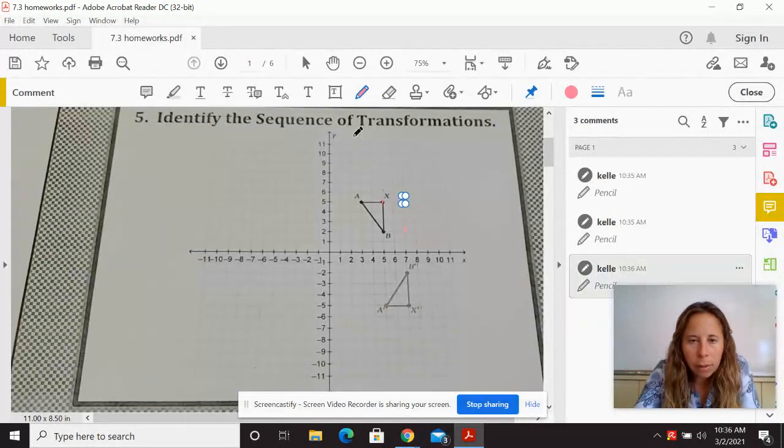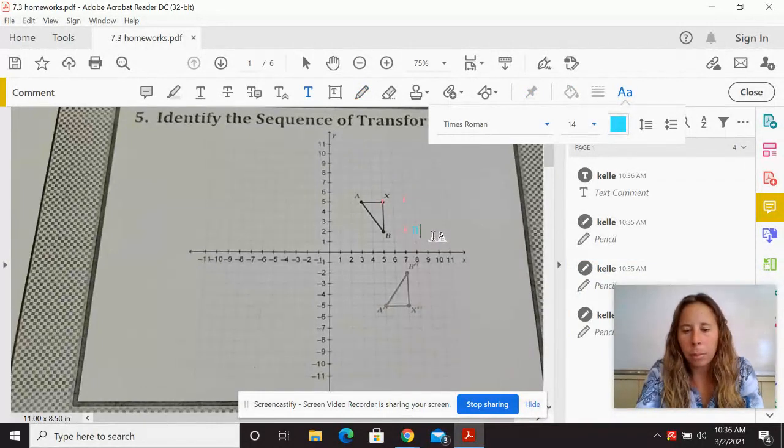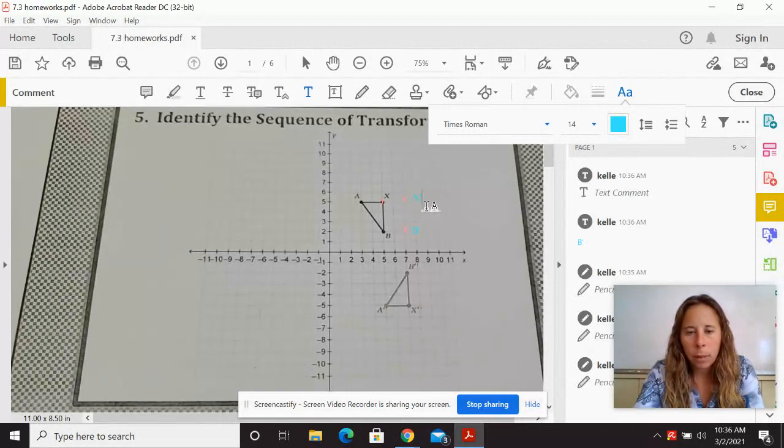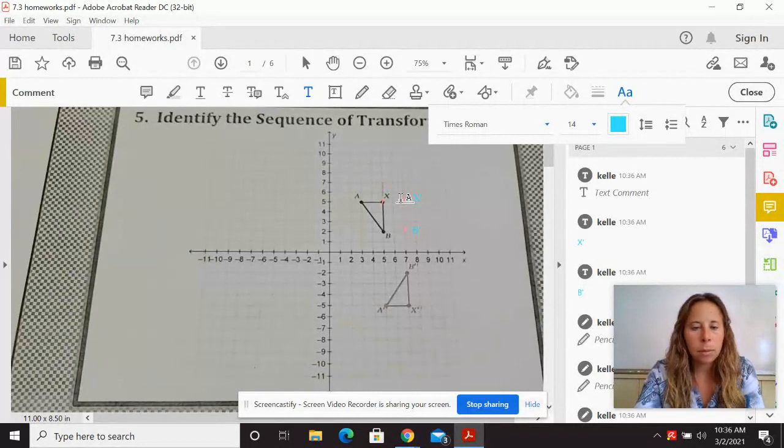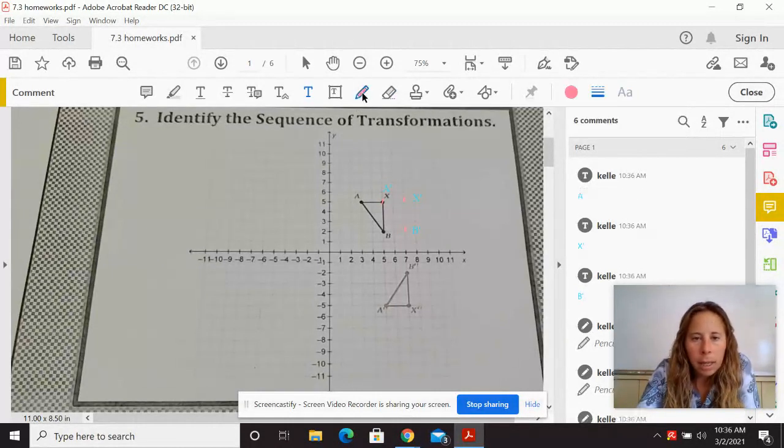I'll call this B prime. This is X prime. Then this one that's now on X is A prime. Let me go ahead and connect those with a line.